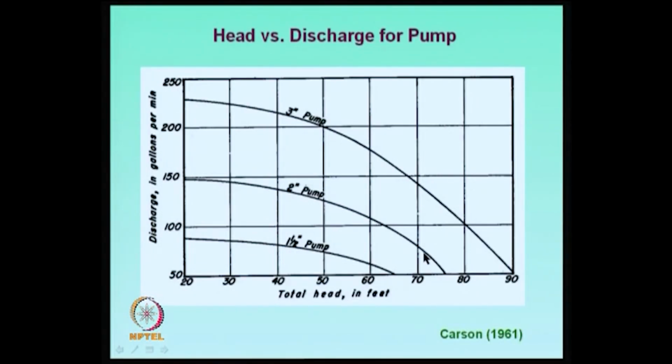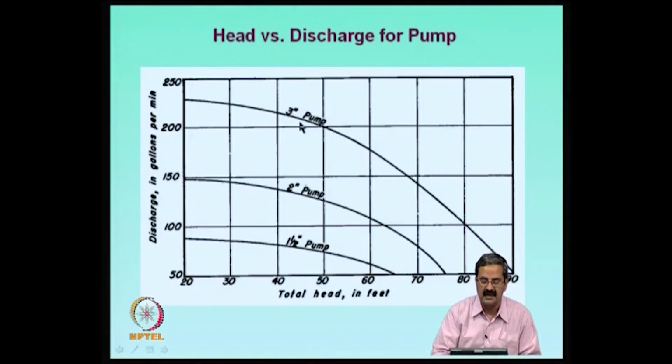In fact, once you have different types of pumps, like for example in India Kirloskar, there are so many companies. One can get a lot of information from the pump industry, and depending on the diameter, these pumps have different discharge capacities, as well as the heads they can handle.